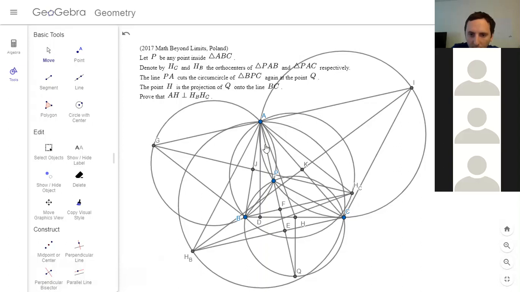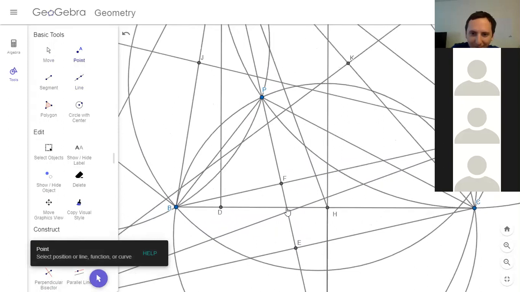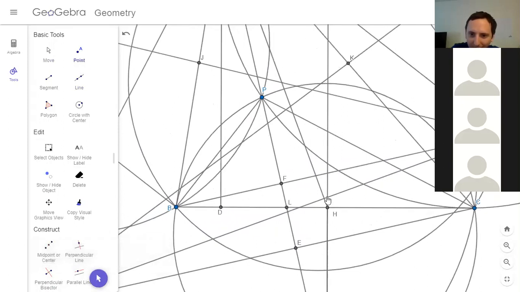So this is really awkward, but basically, sorry, I'm going to undo this in just a sec. I want to show that this is a cyclic quadrilateral right here.